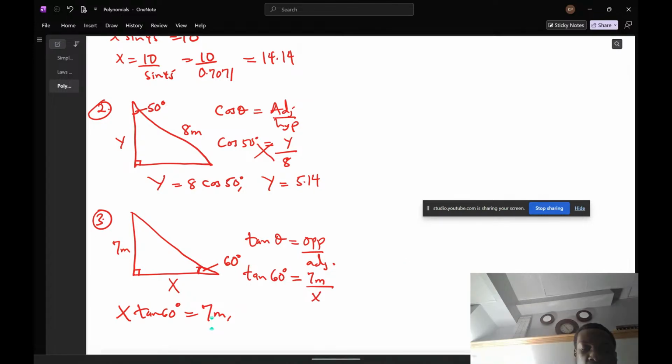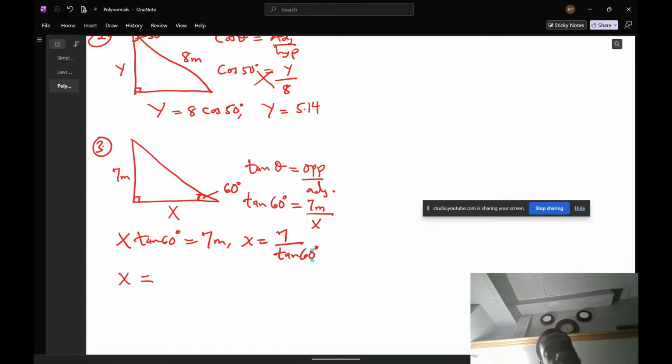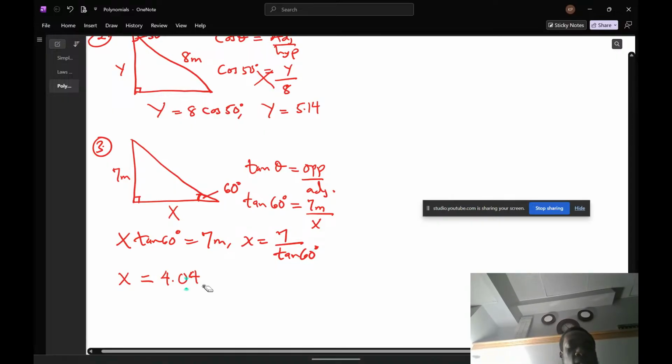So x will be equals to 7 divided by tan 60 degrees. What do we get? We get 4.04 meters. Okay, so that's it for that question.